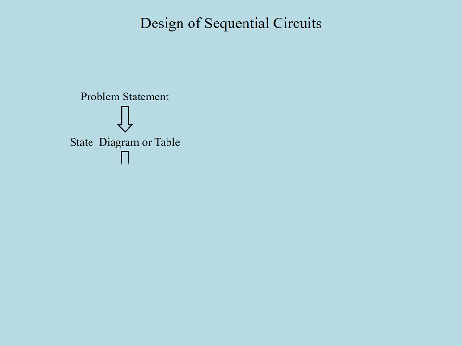The next step has to be a check whether a reduction can be done in the number of states and applying any possible reduction. If the binary values of the states are not implied directly by the problem statement, one has to also assign them in such a way so as to simplify the design.